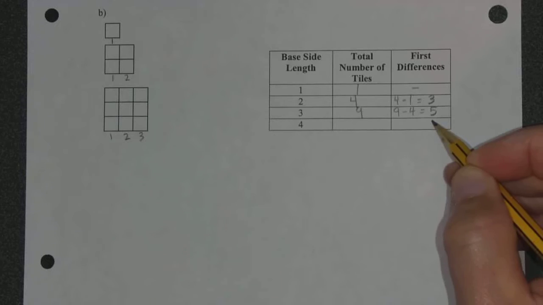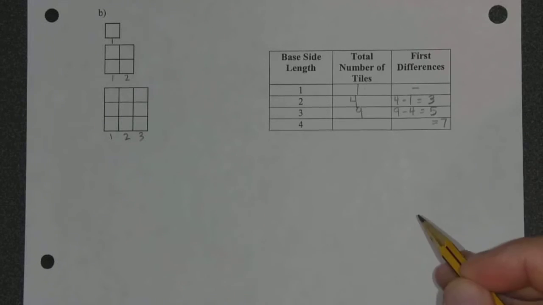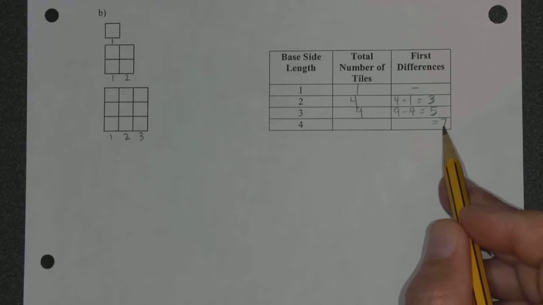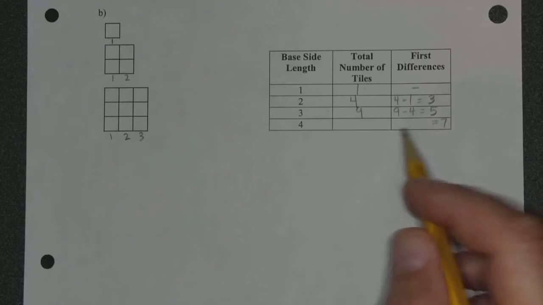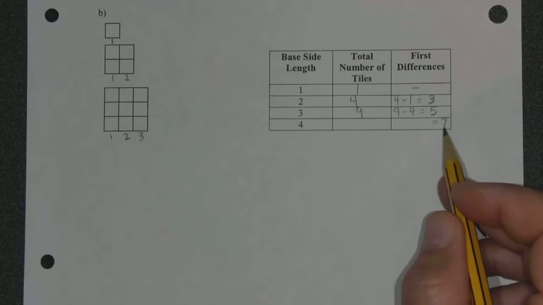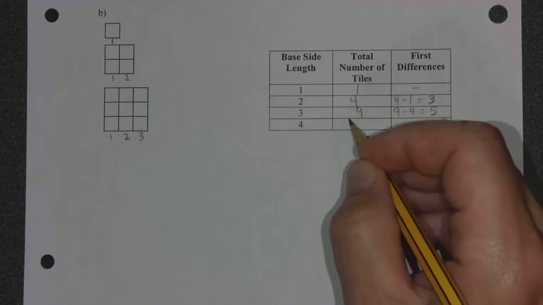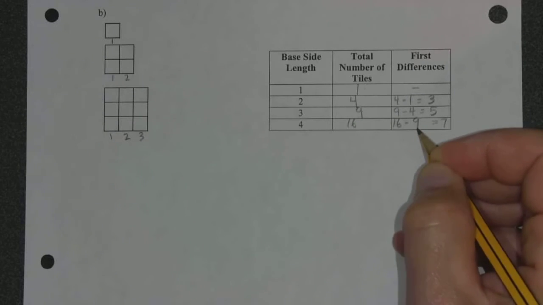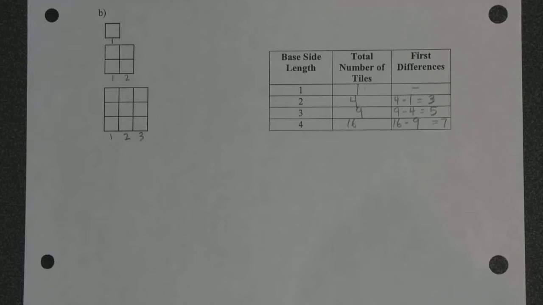So 3, 5. Next one's got to equal 7. So let's guess what's got to go there in order for that to equal 7. So base length, so it's something subtract 9 equals 7. 16, right? Okay?